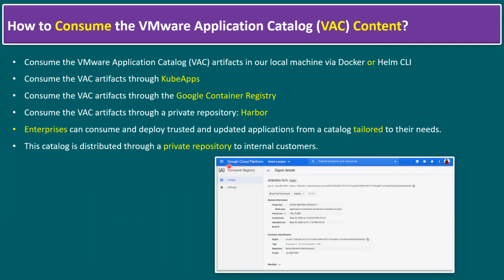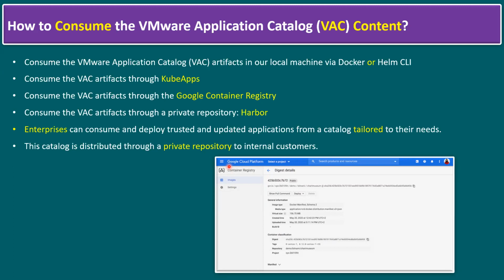Not only Google Cloud Platform, we can use any different type of platform, like VMware vSphere, or VCF, VMware Cloud Foundation, or hyperscalers such as Google Cloud Platform, Azure Cloud, AWS Cloud, or we can also utilize the Red Hat OpenShift platform or SUSE Rancher platform to configure the private repository for internal customers.